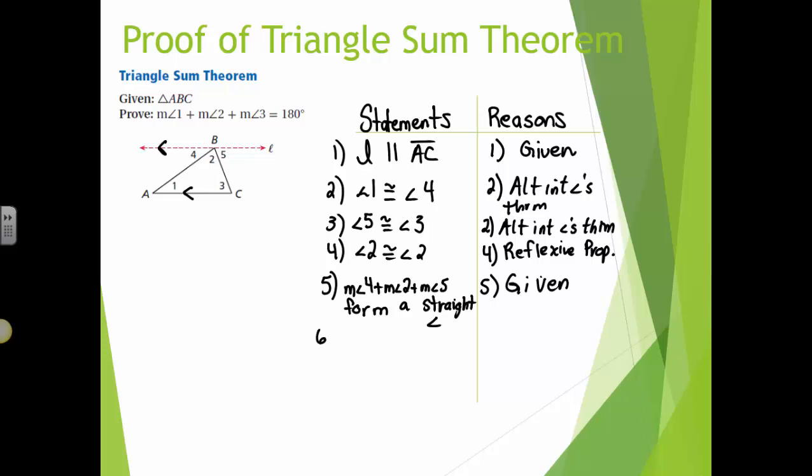And so the measure of angle 4 plus the measure of angle 2 plus the measure of angle 5 equals 180, by the definition of a straight angle.